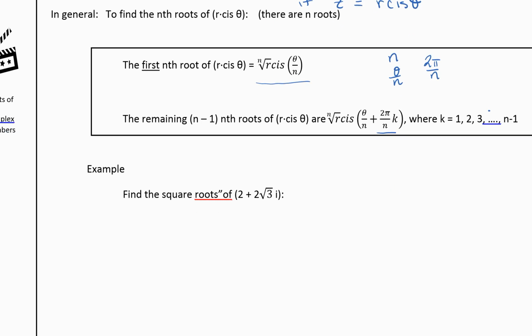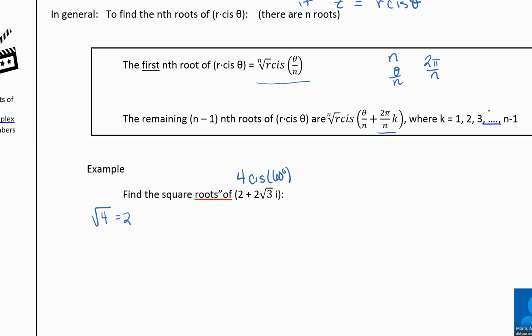So we want to find the square roots of 2 plus 2 square root of 3 i. Since we've already gone through how to convert that to polar coordinates, I'm going to tell you that 2 plus 2 square root of 3 i is the same as 4 cis of 60 degrees. First of all, we want the square root of our number out in front, 4.